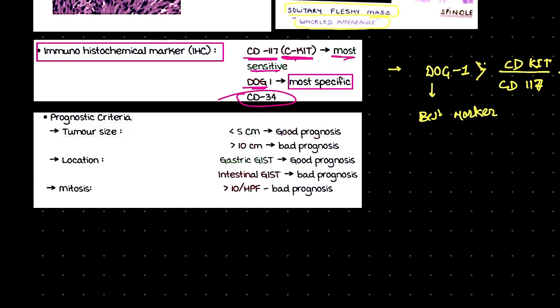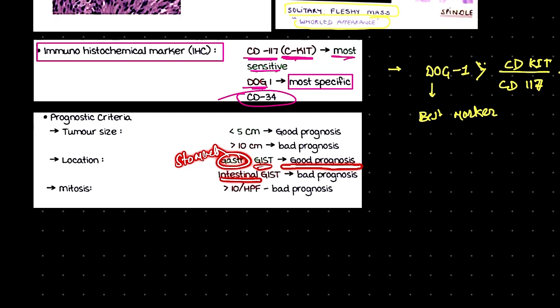But if the size is more than 10 centimeters, it is a bad prognosis. Similarly, location: if the gastrointestinal stromal tumor is present in the stomach, we find it as a good prognosis. It can be cured so well.